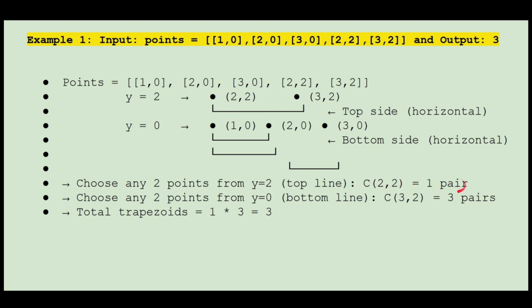So we are getting 1 pair. So just think that C(2,2) we are taking 1 pair, right? Similarly, if we choose 2 points from y equal to 0, that will become the bottom line, right? And then from the bottom line we have to choose 2 points, right? So we'll say C(3,2). How many pairs are we getting? We are getting 3 pairs.